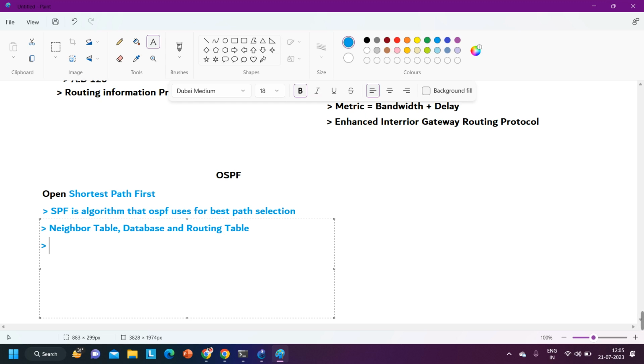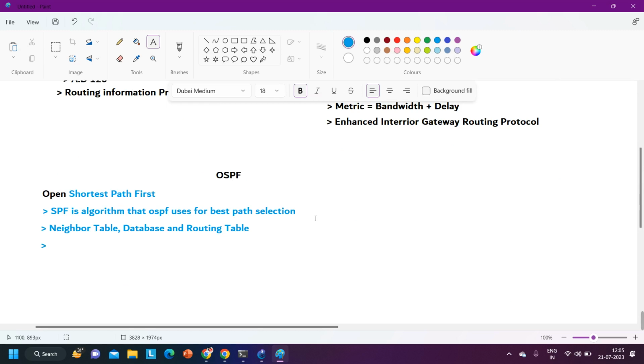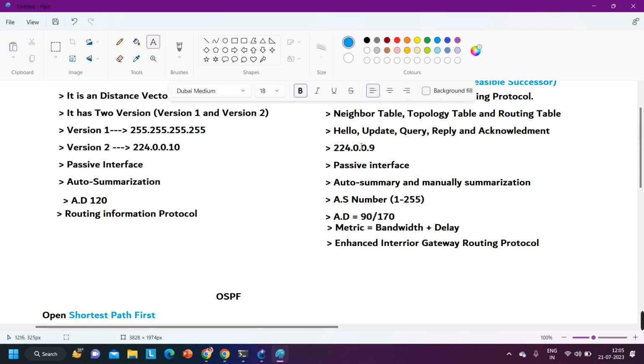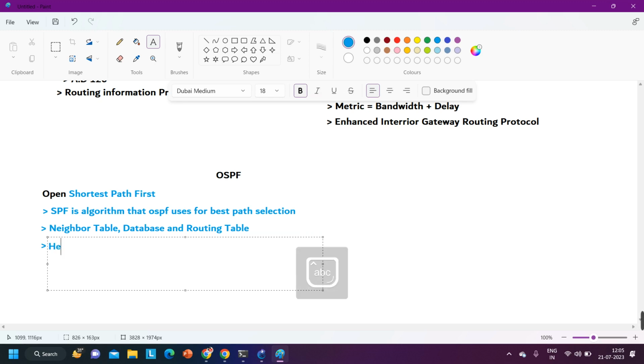After that, we can compare EIGRP and OSPF. Here you can see the types of tables each uses. Then in EIGRP, we know there are these types of messages, and in OSPF also we have multiple types of messages. The first type of message is the hello message. Whenever we configure OSPF on an interface, the router first sends a hello message.